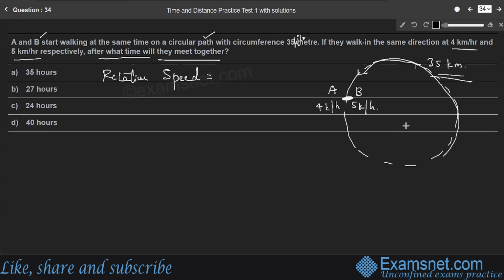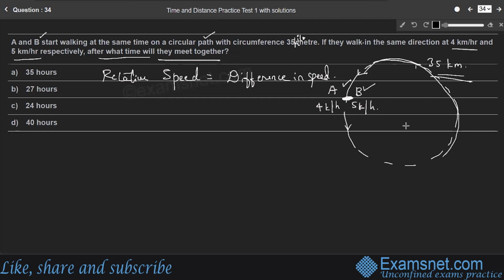When two bodies are moving in the same direction, the difference in their speeds is considered as their relative speed. When they are moving in the opposite direction, the sum of their speeds is considered as their relative speed. Here, persons A and B are walking in the same direction.